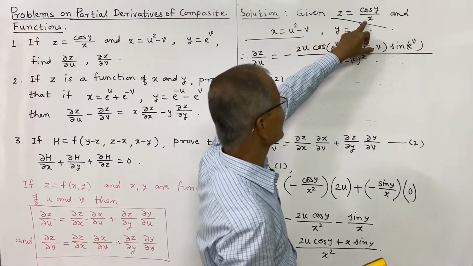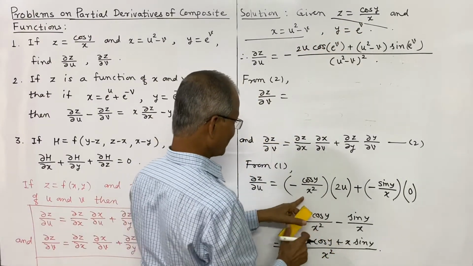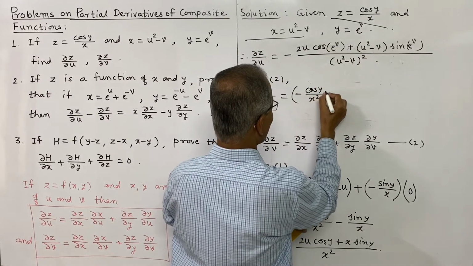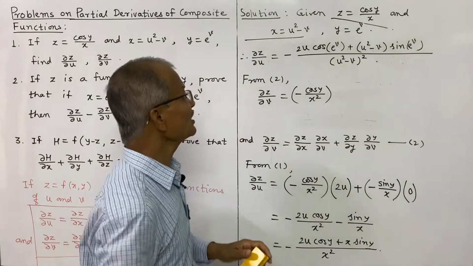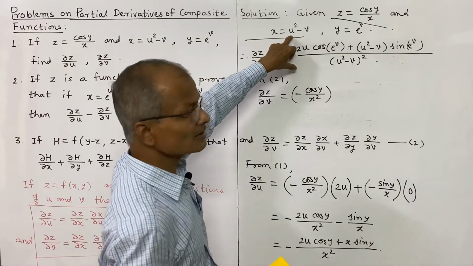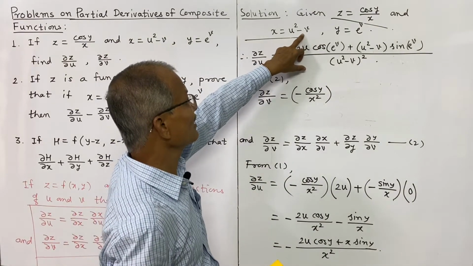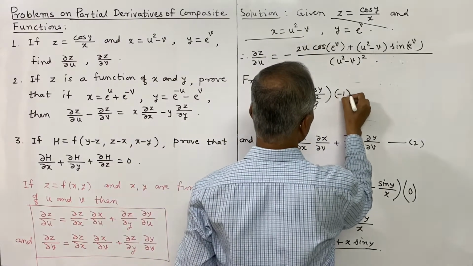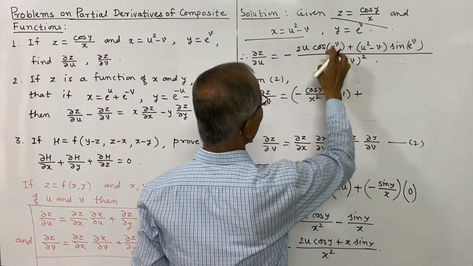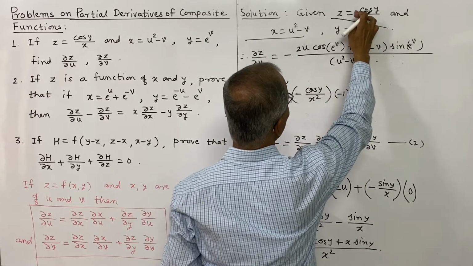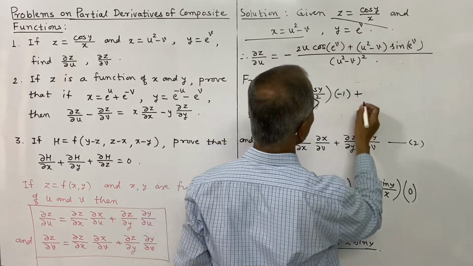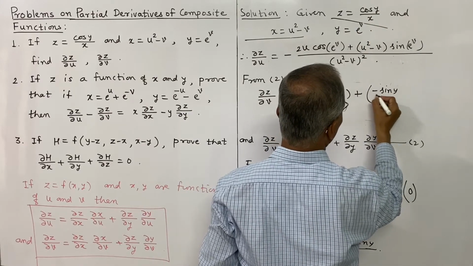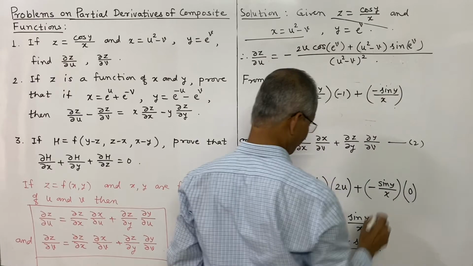Partial derivative of z with respect to x, which earlier we have written minus cos y divided by x square into dou x by dou v, partial derivative of x with respect to v. U is constant and derivative of negative v with respect to v is minus 1. So it is minus 1 plus dou z by dou y, partial derivative of this with respect to y, it also remains the same. Derivative of cos y is negative sin y divided by x, the same.